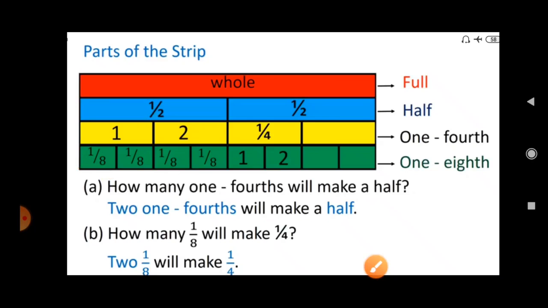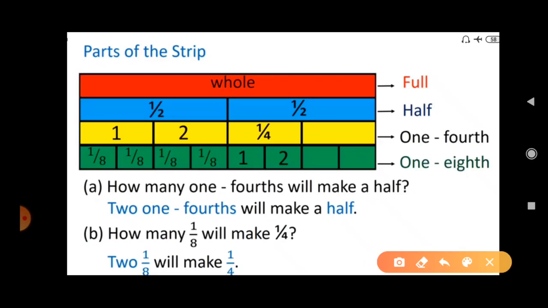Now let us solve some questions. How many 1/4 will make a half? Here we can see that 2 1/4 will make a half. This 1 and 2, this 2 part will become 1 upon 2. Now how many 1 upon 8 will make 1 upon 4?